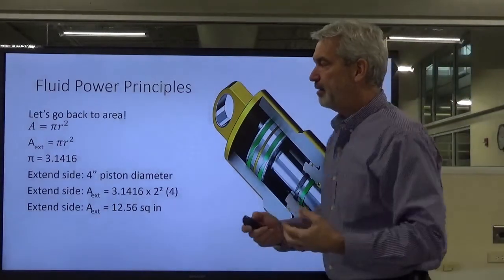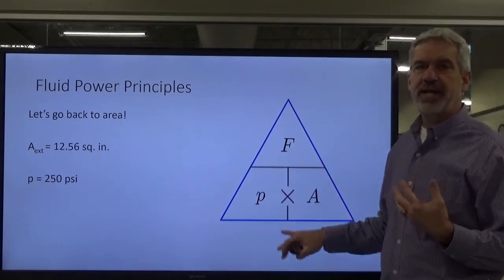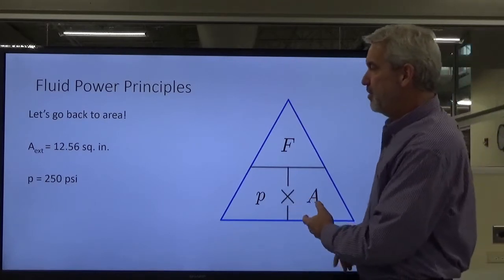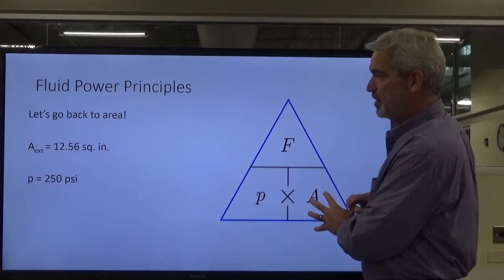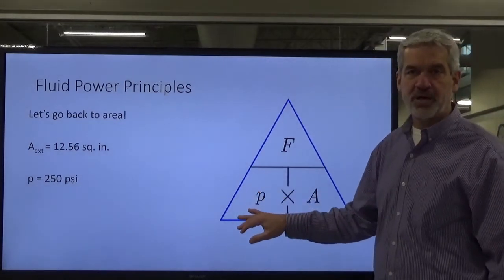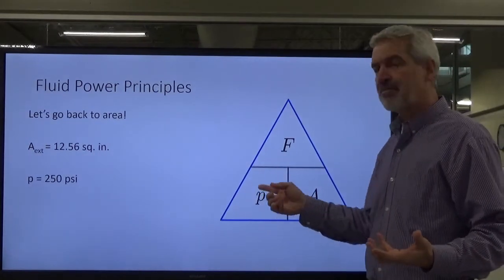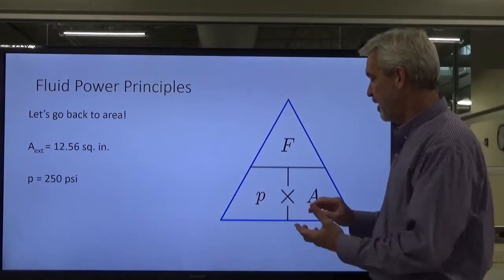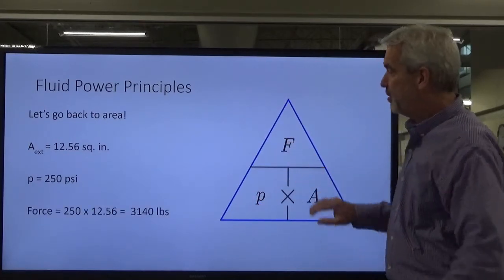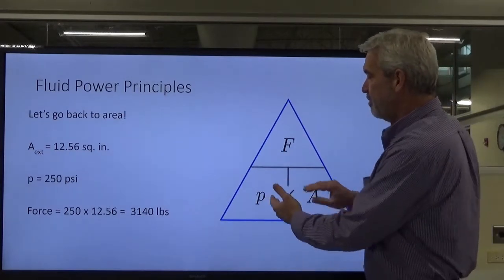Okay. Now, using our formula, remember we said that if we've got 2 of the elements, we can find the last or the third one. Well, in this particular case, we know that our area is 12.56. And if we apply a pressure of 250 pounds per square inch, I'm just making this up, but if we dial our pump up to where the output pressure would be 250 pounds, okay, then we can move a force of 3,140 pounds, okay? So, we knew 2 of them, and we got the third one.